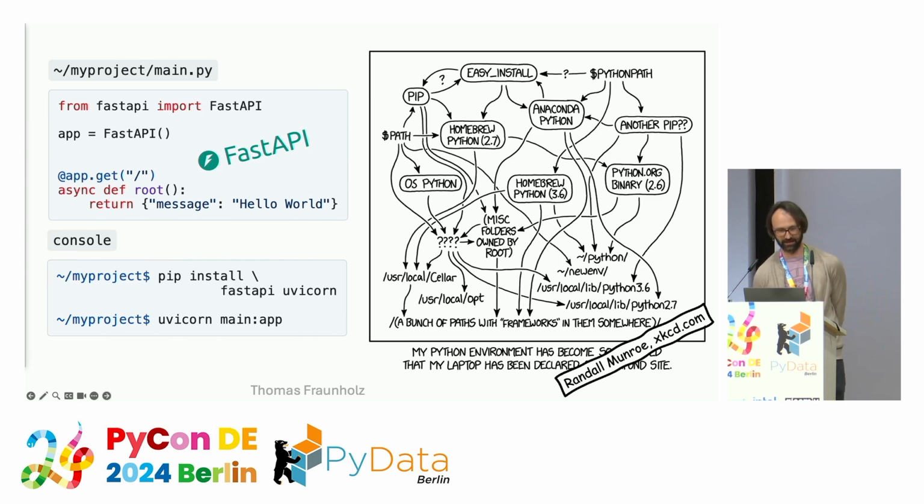And I love this picture because he really got the points where a Python development environment descends into chaos and what we need to care about if we want to have a consistent Python development environment. So let's analyze this picture.